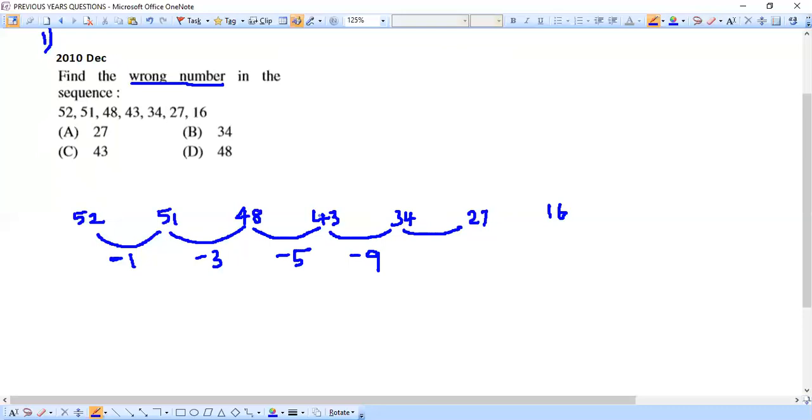So you can even check it. 43 minus 9 we get 34. We will continue this. So 34 minus some number we'll have to place here, so that we'll be getting 27. So think of 34 minus what number will give us 27? I think we need to do minus 7, is it or not? Yeah, minus 7 we need to do.